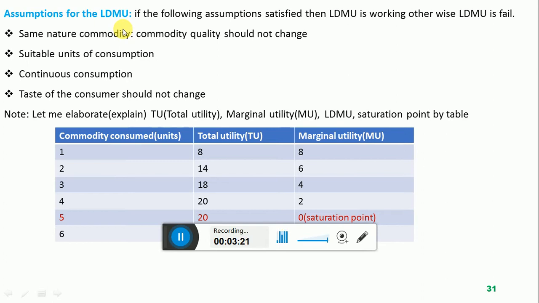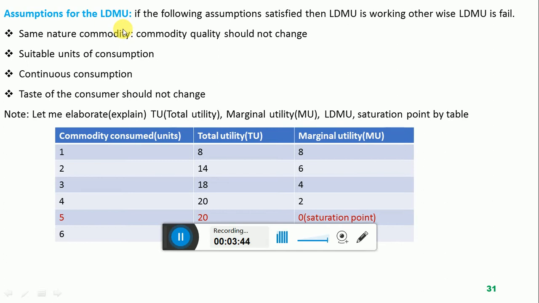The law was this, that every next unit will provide less utility, but here the consumer changed the nature and the quality, so the second glass provides more satisfaction. Or for example, suppose the consumer is consuming the first car, which is a Maruti Suzuki. This car is a low quality car, it will provide less utility.